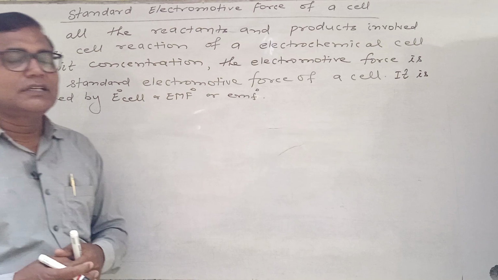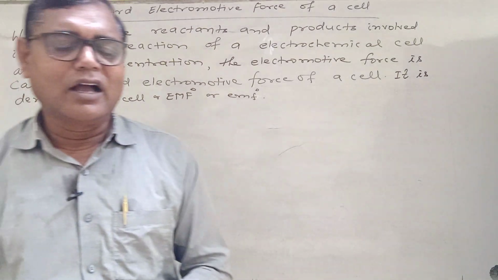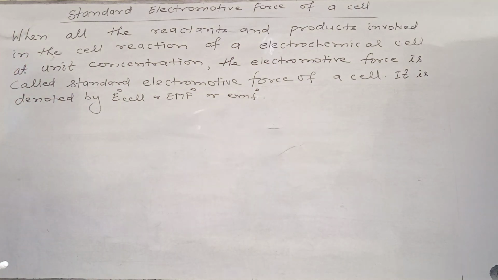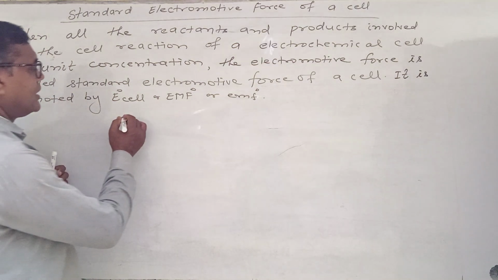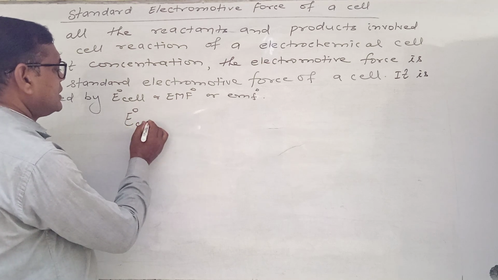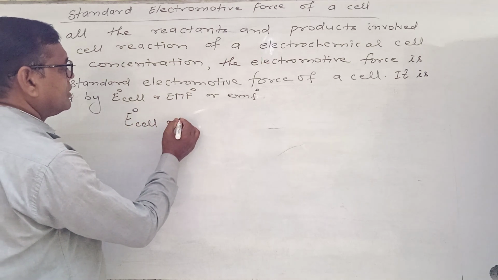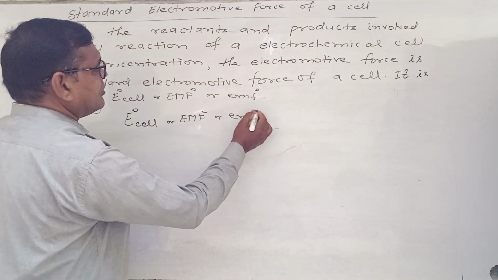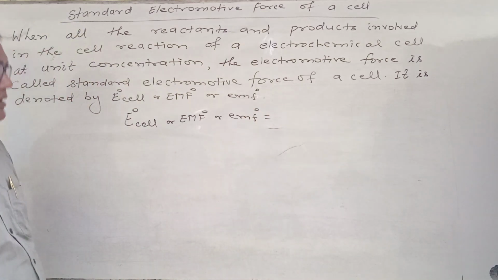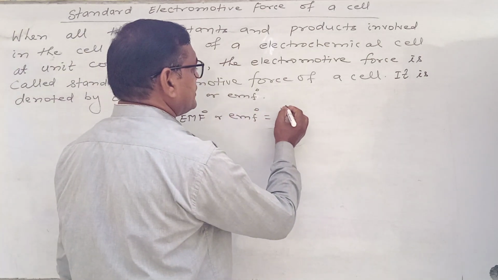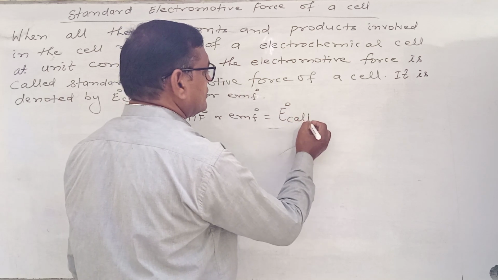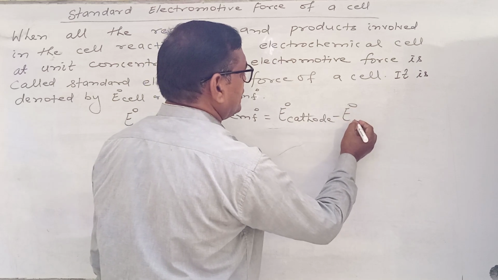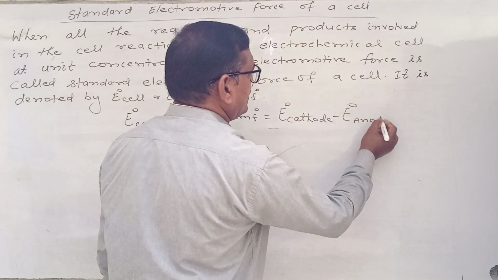Now we write the formula of the standard electromotive force of a cell. Here we write E naught cell or EMF naught is equal to E naught cathode minus E naught anode.